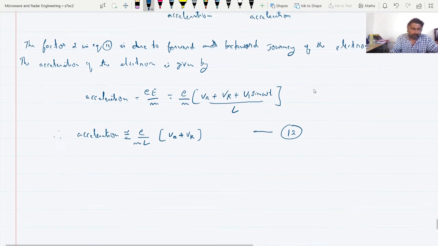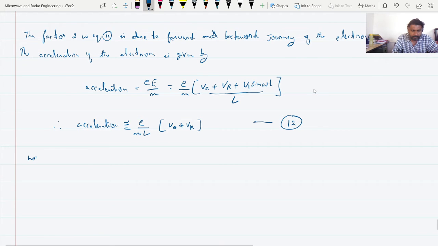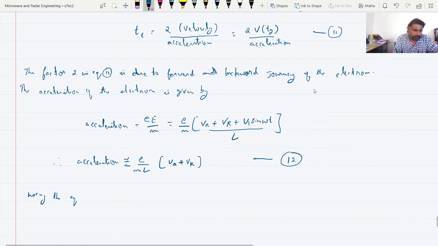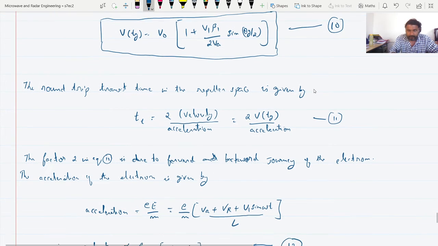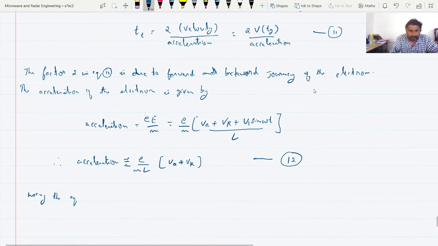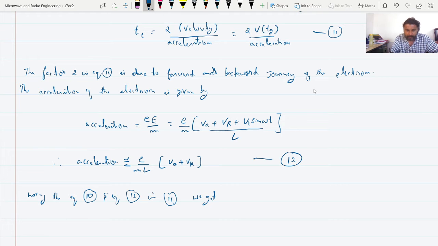So using equation 10, that is V of Tg, and equation 12, I will put them into equation 11.